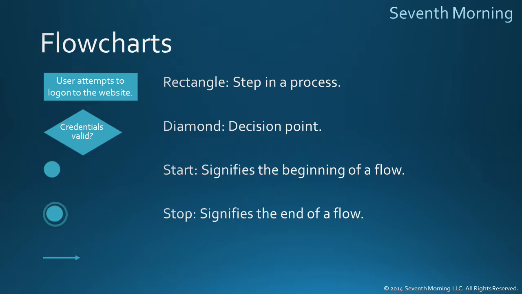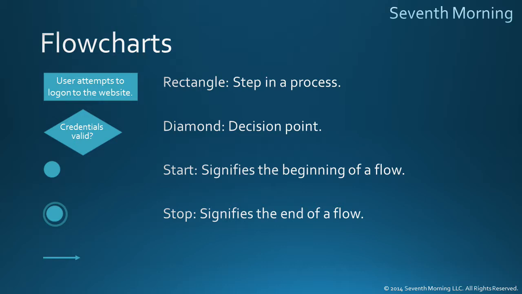These two shapes are, I suppose, optional, but I recommend strongly that you use them so your readers will know where the start and the end of the flow are. By the way, flowcharts can have any number of rectangles and diamonds, but they should only have one start and one finish. And usually the starts and finishes are not labeled with text because they generally don't need to be.